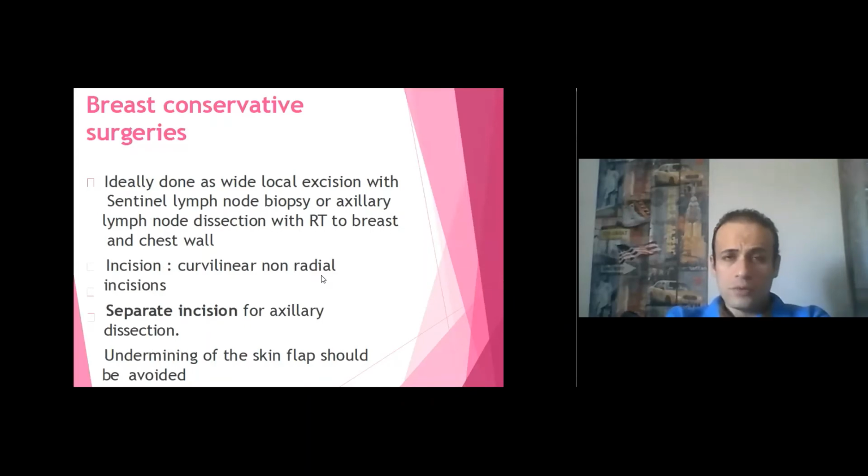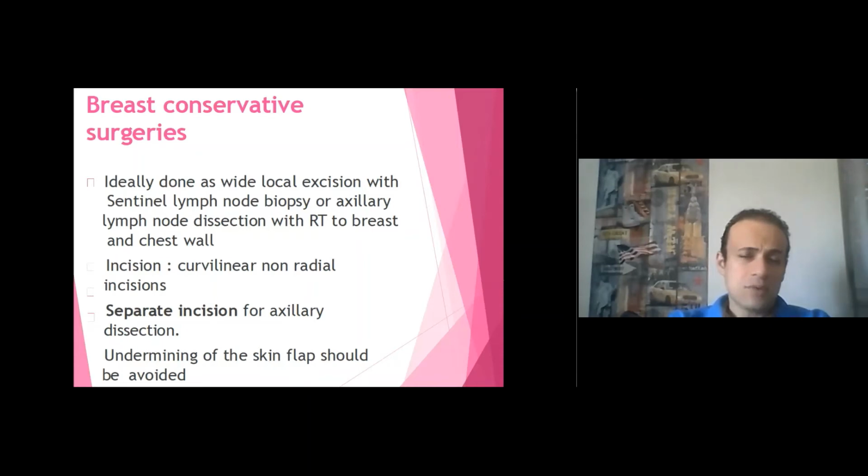Now, we have talked about the first operation, mastectomy, one of the standard operations with several procedures, the modified radical mastectomy and the extended radical mastectomy.